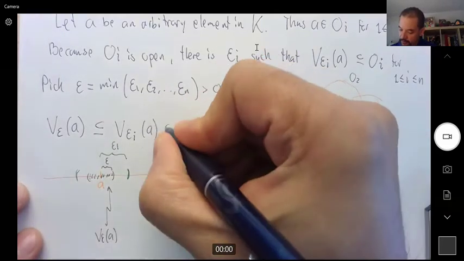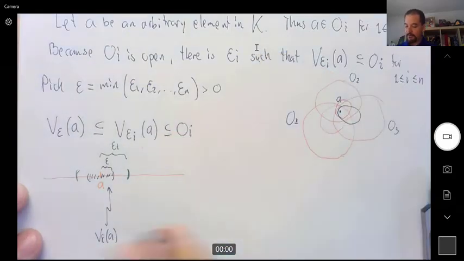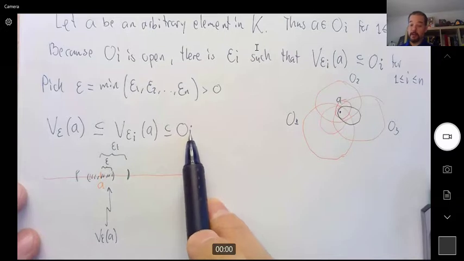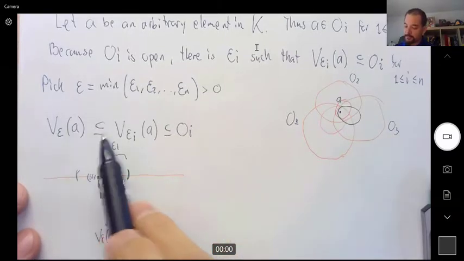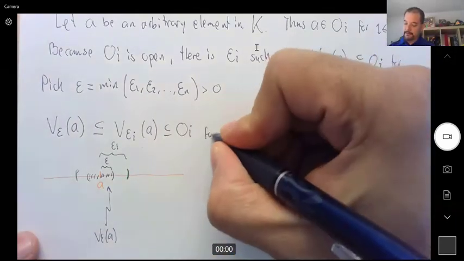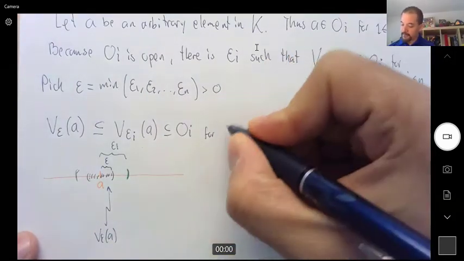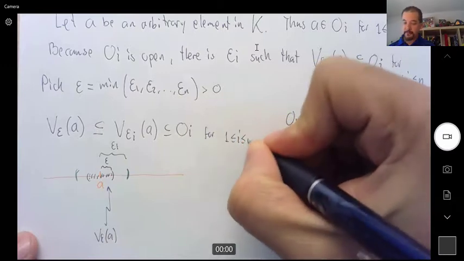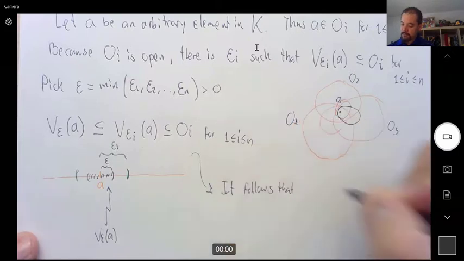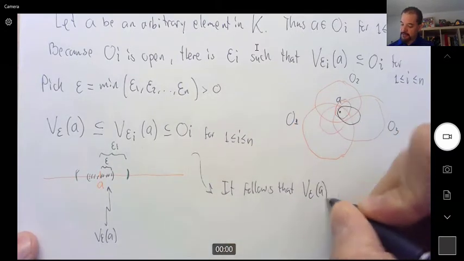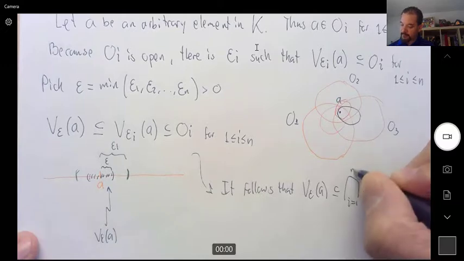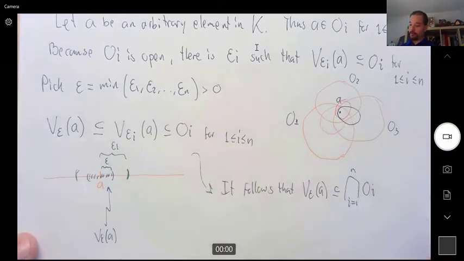And this one is inside O_i. So this is a subset of that, and that itself is a subset of the open set O_i. So that means our neighborhood is a subset of all of them. And if you are a subset of all of them, then you're also a subset of the intersection. So from here, it follows that V epsilon of A is a subset of the intersection of all the O_i's, because it's a subset of each one of them individually.